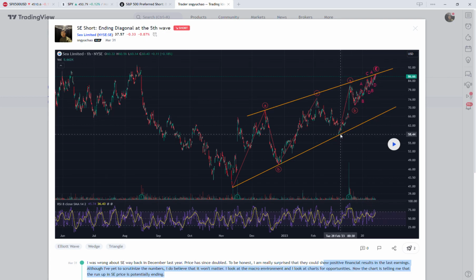Because it consists of an A, B, and a C, which is an ending diagonal. So ending diagonal is actually one of my favorite Elliott Wave patterns. When it happens, the chance of reversal is super high, and the reversal will be very fast. A violent move down.